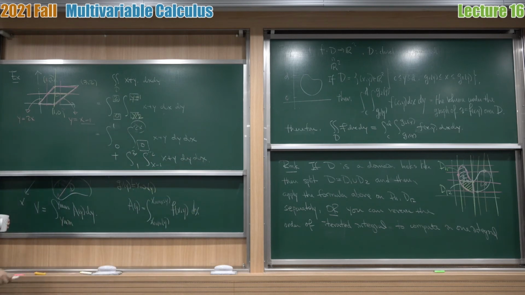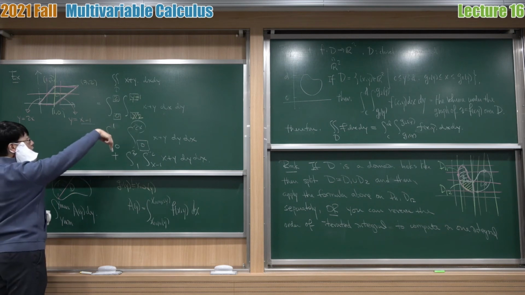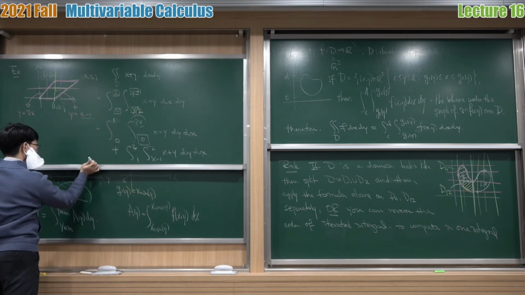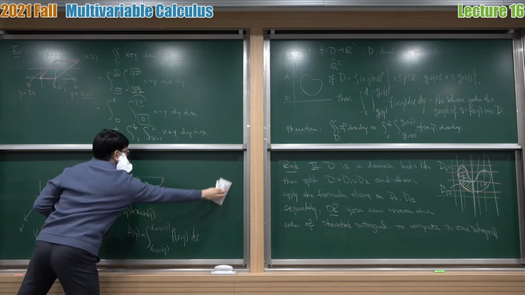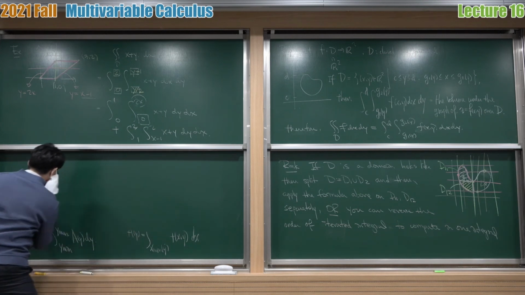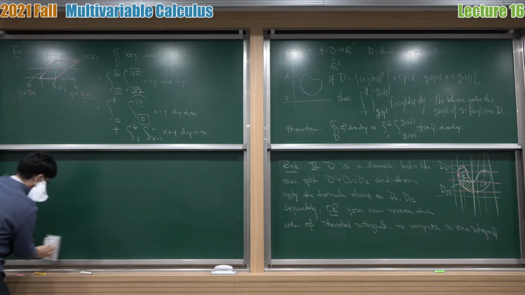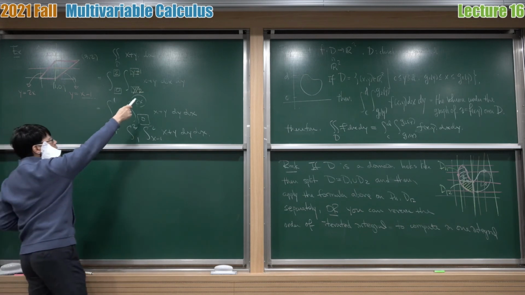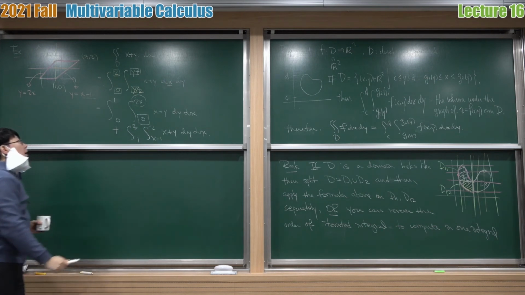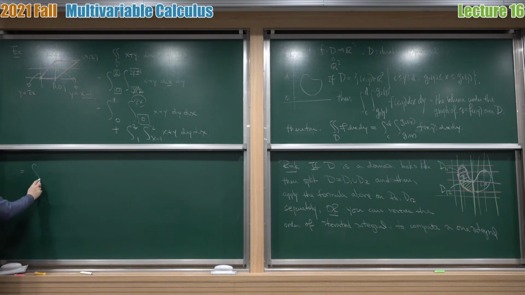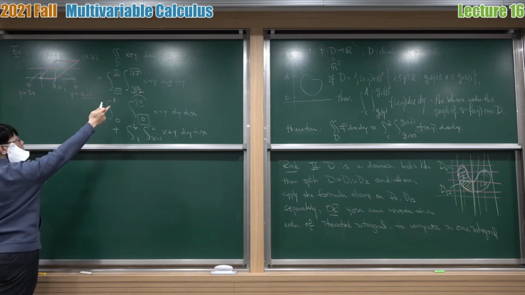So let's compute the first one. When you compute the iterated integral, you remember that you take the other variable as constant. So you take the integration over x.